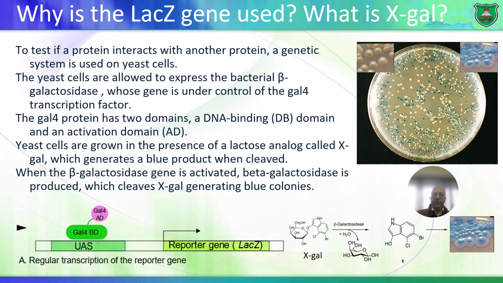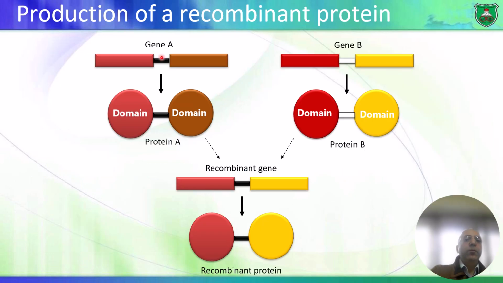Remember what the definition of a domain is. So we create a recombinant protein. And the recombinant protein is the following. We have gene A that has two domains, and we have gene B that has two domains. Well, we can create a recombinant gene that has the portion that produces this domain from gene A and this domain from gene B, and we can put them together.